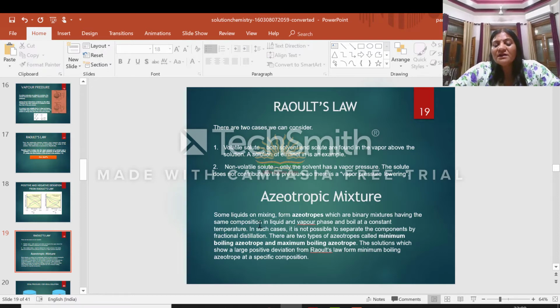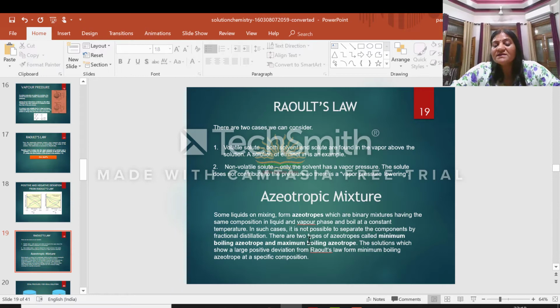Some liquids on mixing form azeotropes, which are binary mixtures having the same composition in liquid and vapor phase and boiling at a constant temperature. So what are azeotropes? Azeotropes are binary mixtures having the same composition in liquid and vapor phase, and they boil at a constant temperature, meaning boiling points are the same.